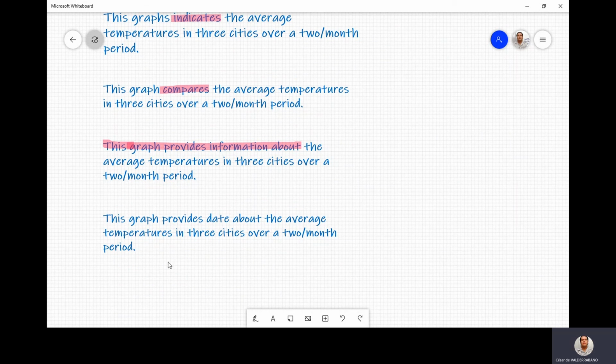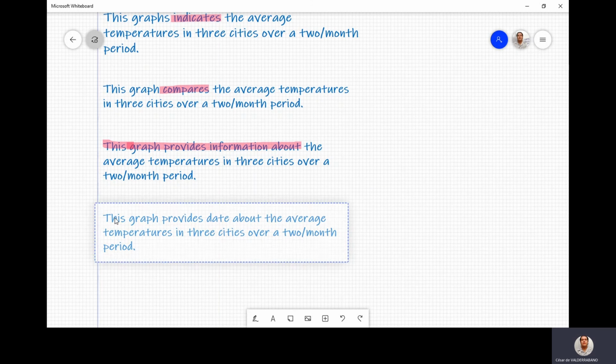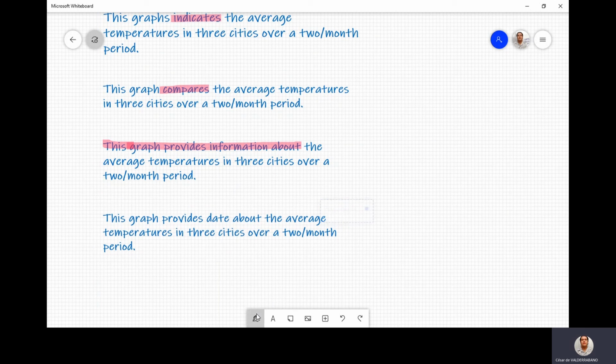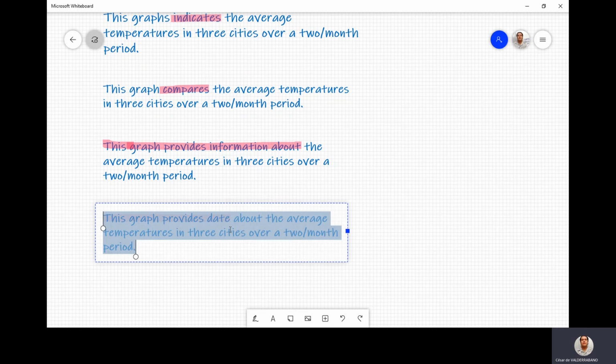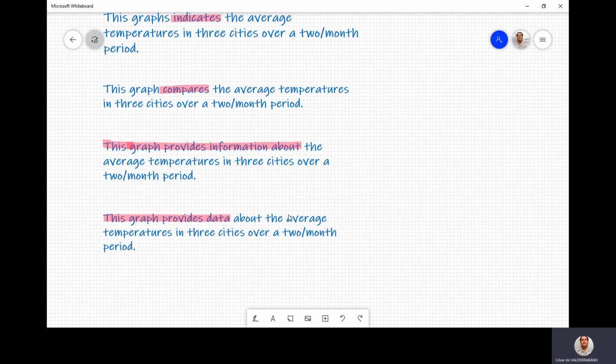So it's very important. And the last one, they put it here: provides data. Provides data about the average temperatures in 3 cities over a 2-month period.